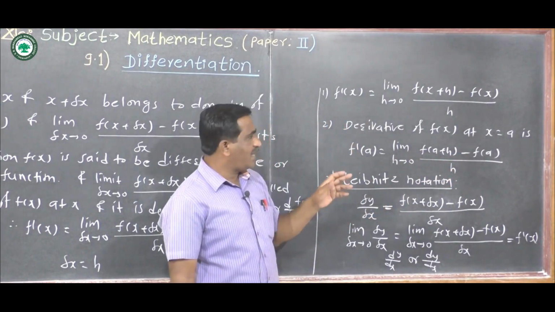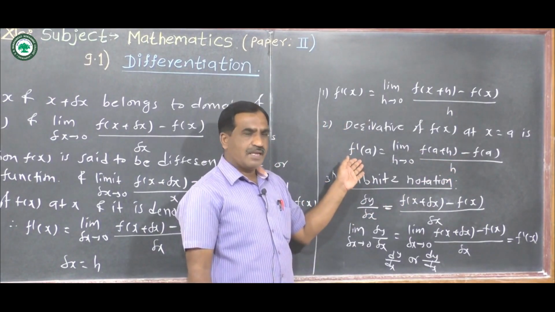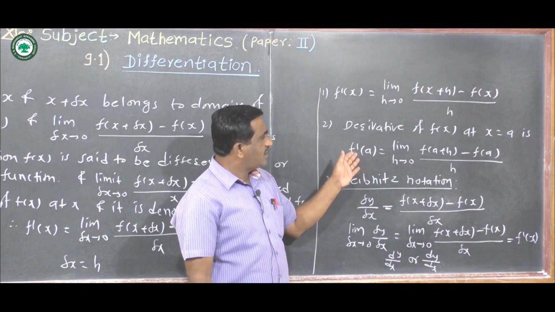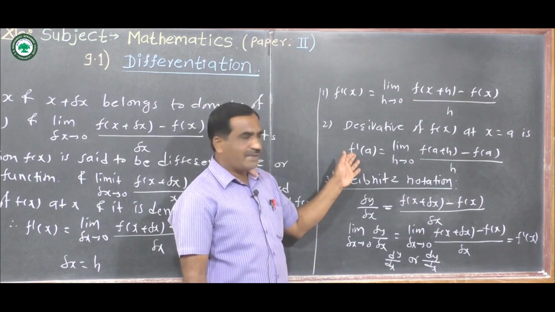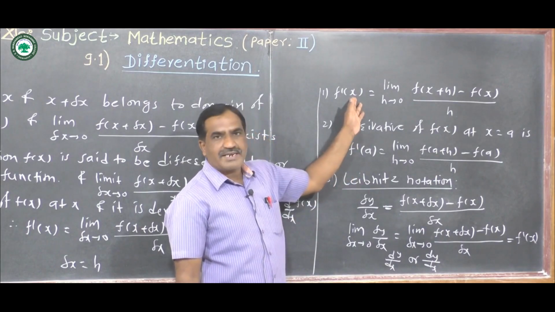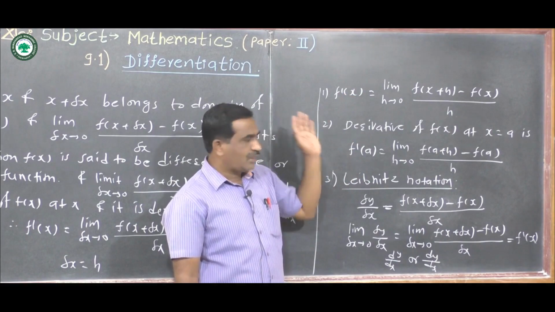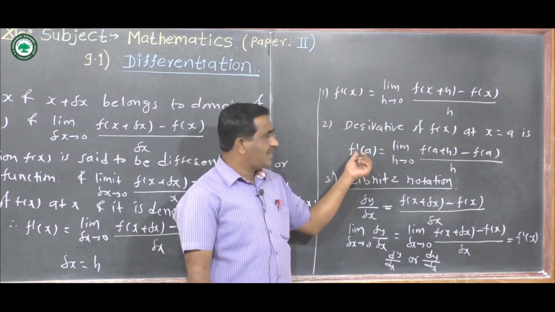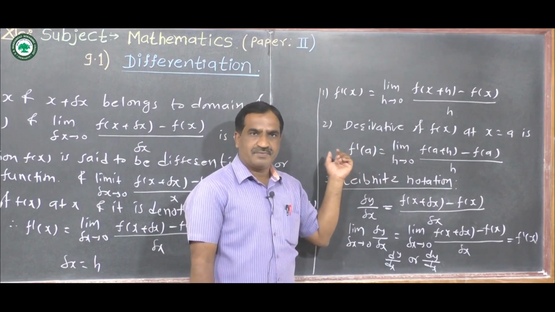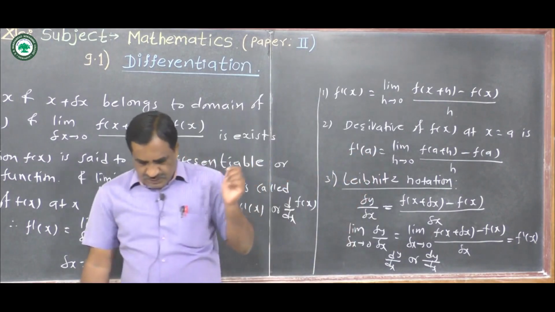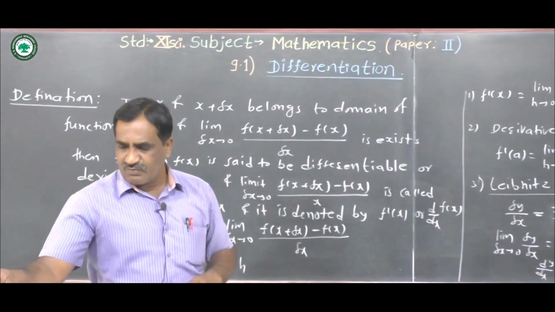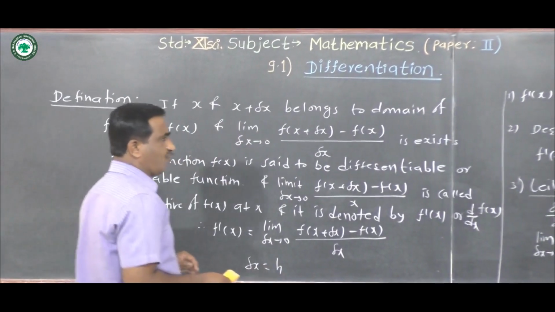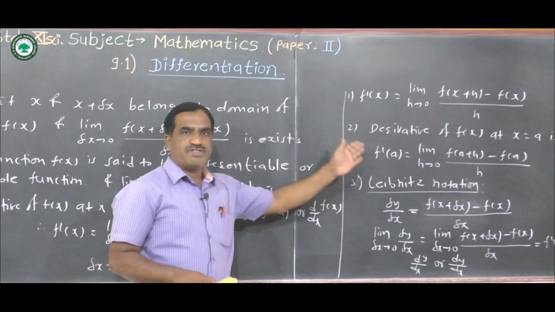This is also called as first principle formula or derivative by first principle. Okay, this is the derivative of function at x is equal to a, and this is the derivative of function at x is equal to x. Now we can use this formula, first principle formula, for finding the derivative of each and every function. Okay, now we see derivatives of some standard functions by using this first principle formula.